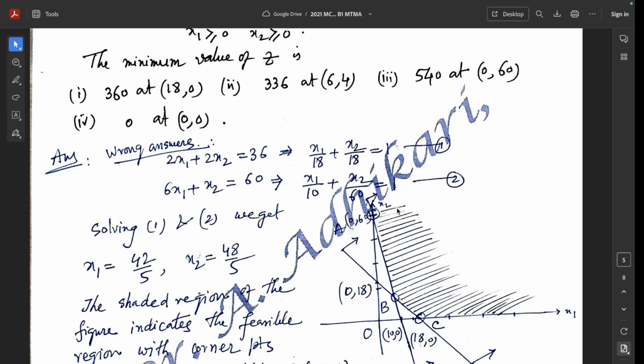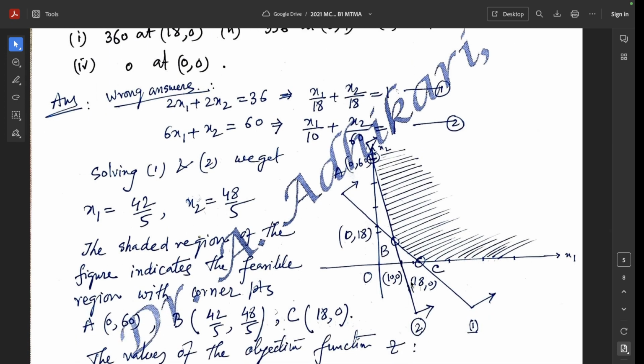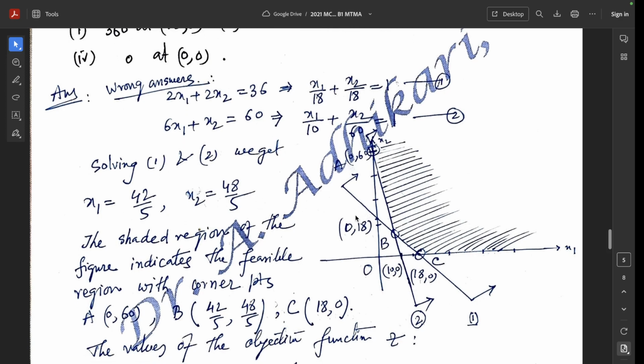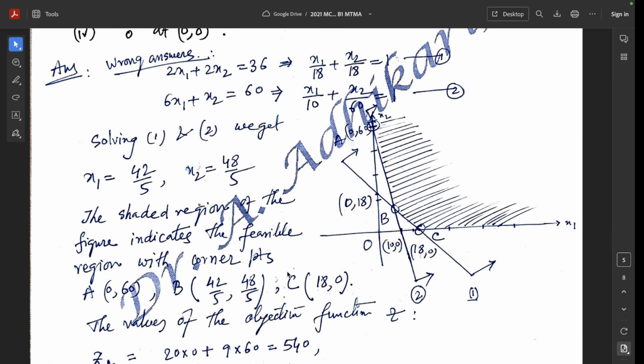So our feasible region is the shaded region of the figure, with corner points. Point A is (0, 60). B is the intersecting point, and solving 1 and 2 we get x1 equal to 42 by 5, x2 equal to 48 by 5. And C is (18, 0).